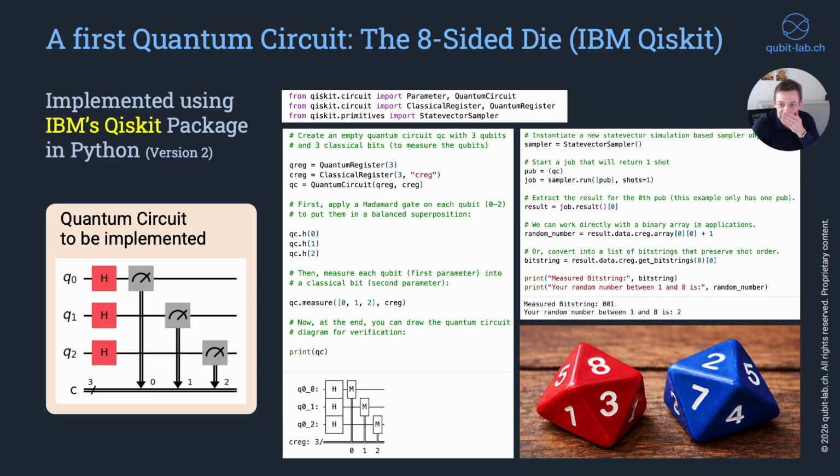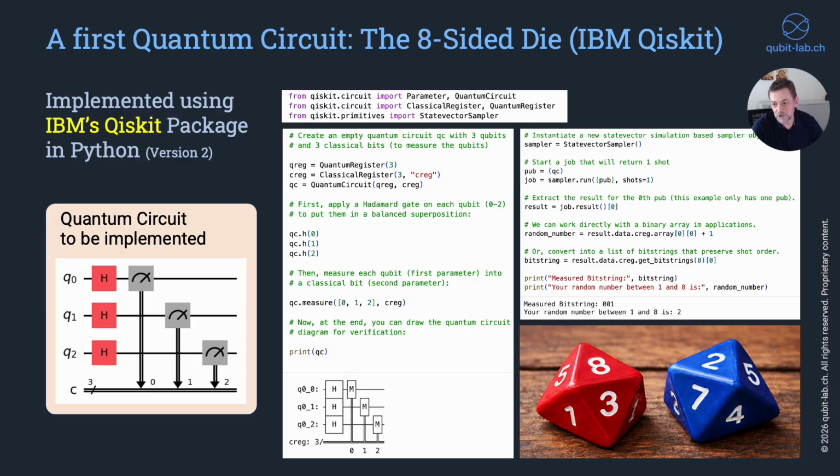We can print the circuit as a sanity check, and afterwards we need to define a backend. In our case here we use a state vector sampler, which is a simulator, and then we run the job on the simulator. We could also do it on real hardware and get the result back.